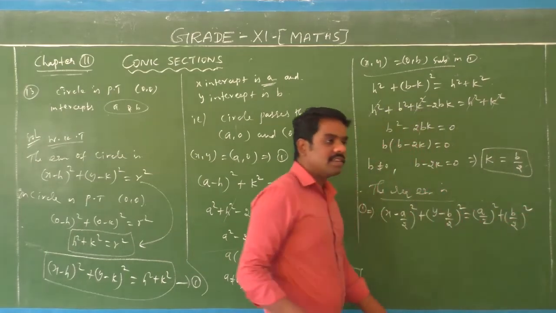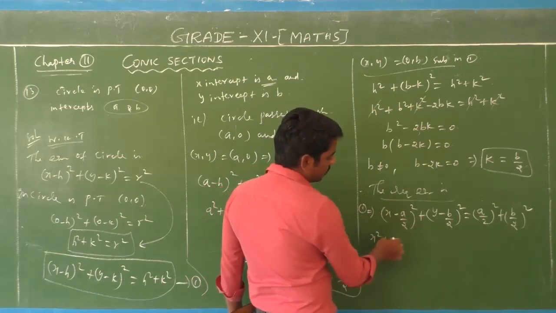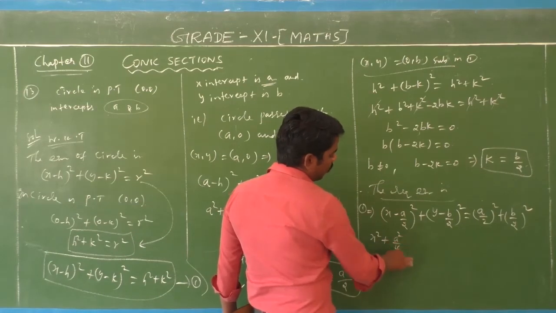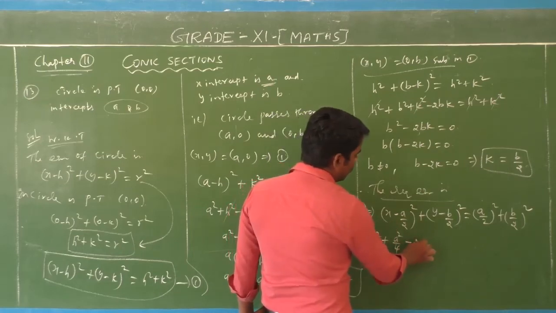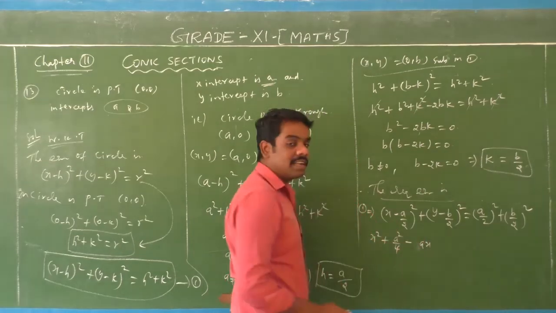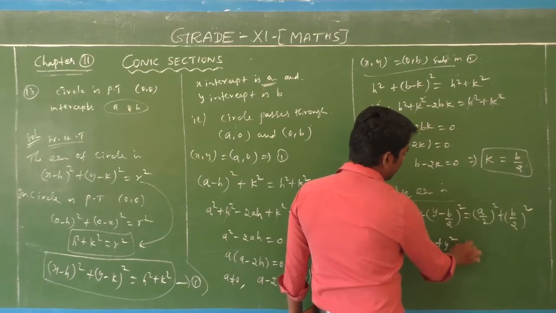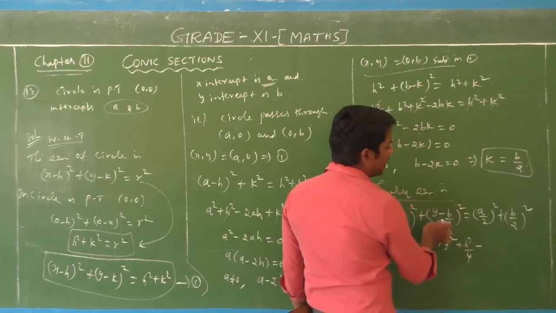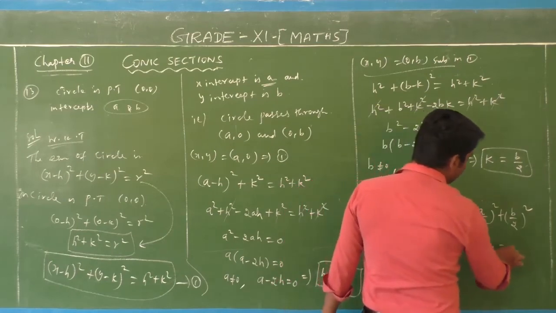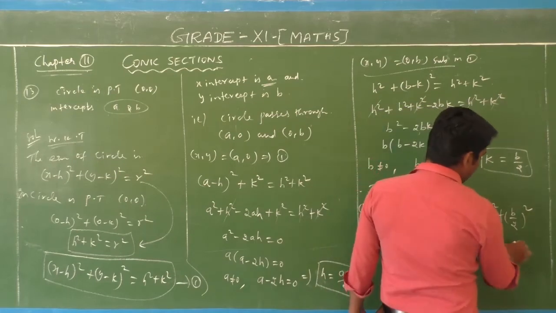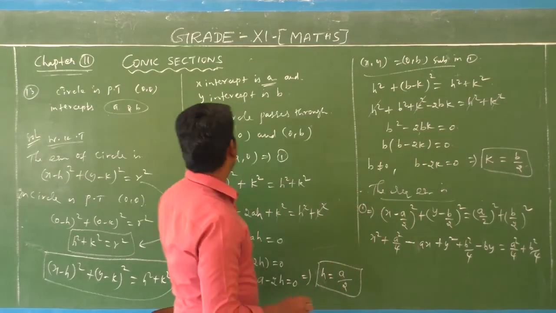So simplify this: x square plus a square by 4 minus 2 into a by 2 into x, that is minus ax, plus y square plus b square by 4 minus 2 into b by 2 into y, that is minus by, equal to a square by 4 plus b square by 4.